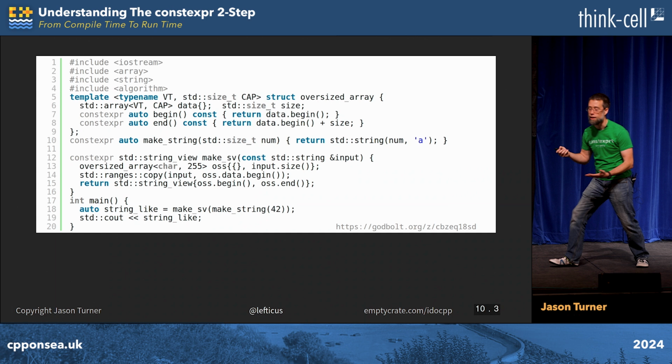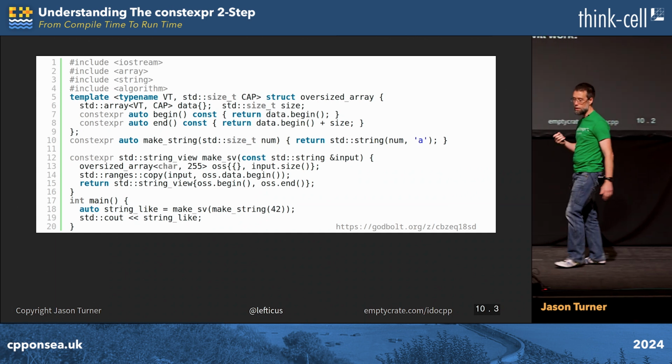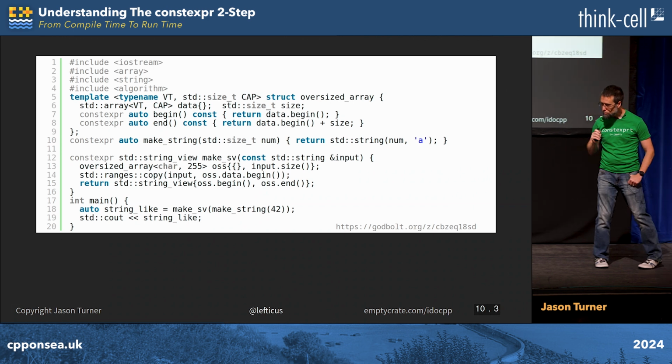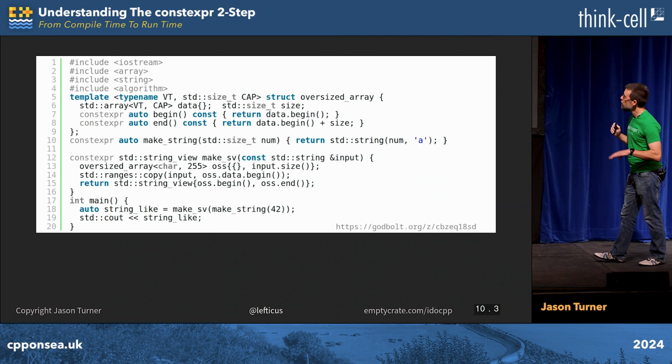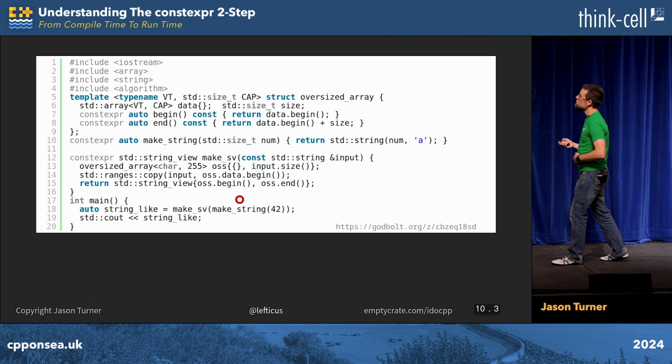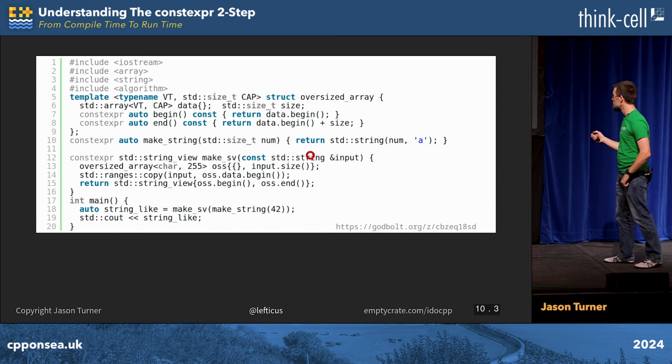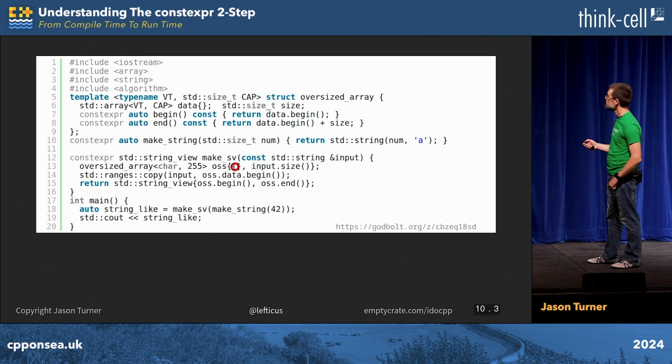My oversized array, okay. I can just make a char version of it. It's templated, yay templates. Okay, so I have my make string view function.